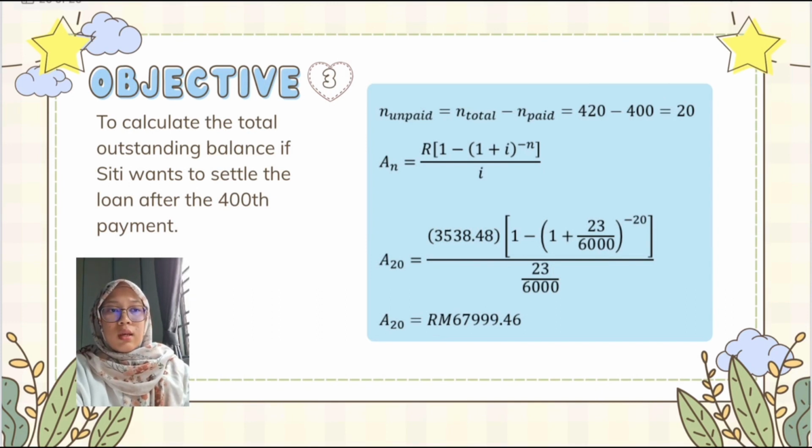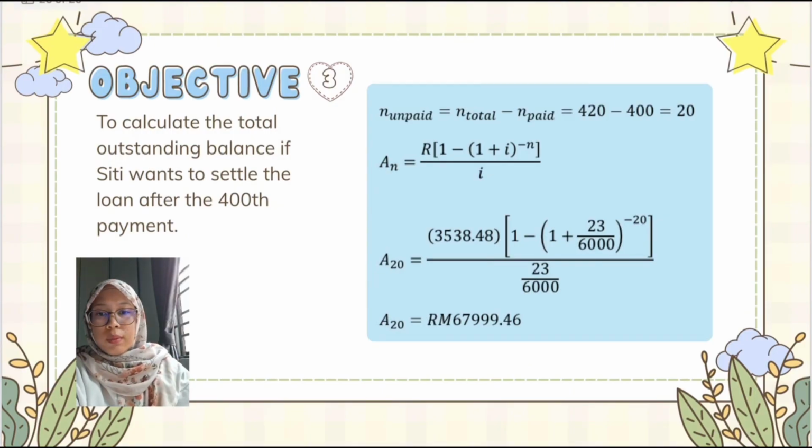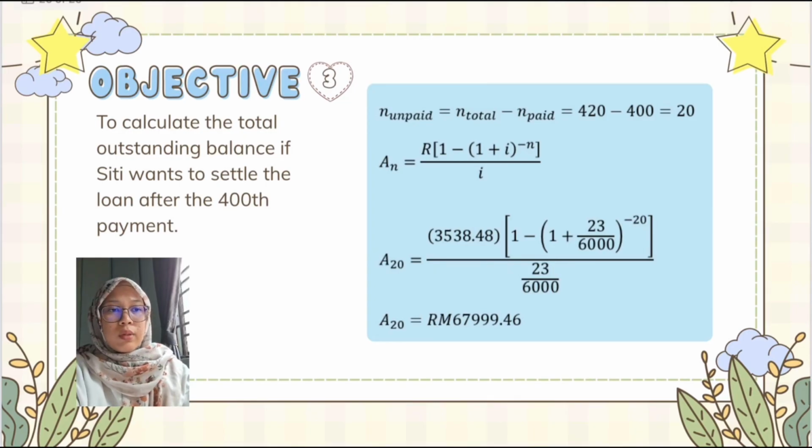So the formula is A_N equals R open bracket 1 minus open bracket 1 plus small capital I close bracket to the power of negative N close bracket divided by small capital I. So we get A20 equals 3,538 ringgit 48 cents, open bracket 1 minus open bracket 1 plus 23 over 6,000 close bracket to the power of negative 20 close bracket divided by 23 over 6,000.